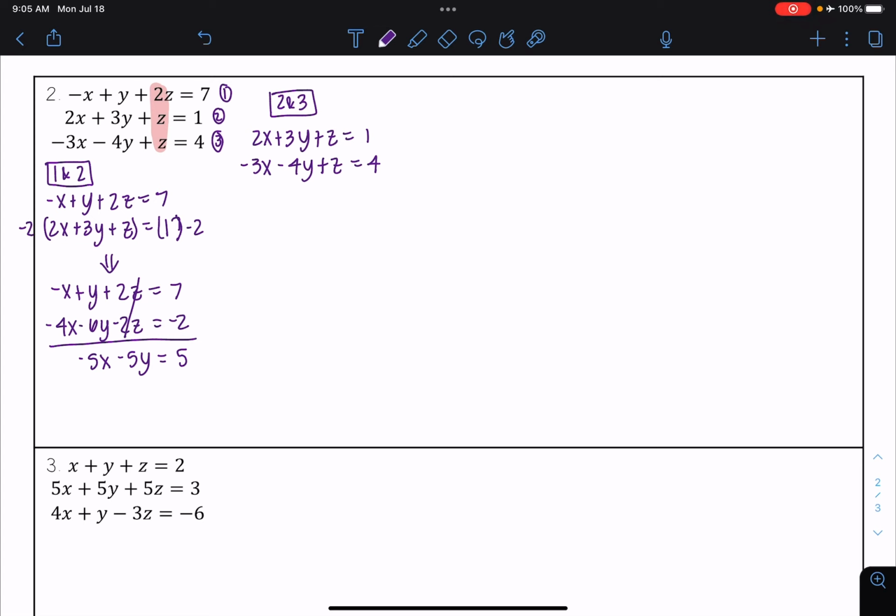So I'm going to multiply the top equation by negative 1 so that I get a negative z at the top. And so when I do that, I get negative 2x minus 3y minus z is equal to negative 1. And so my z's cancel like I wanted them to, and I get negative 5x minus 7y is equal to 3.